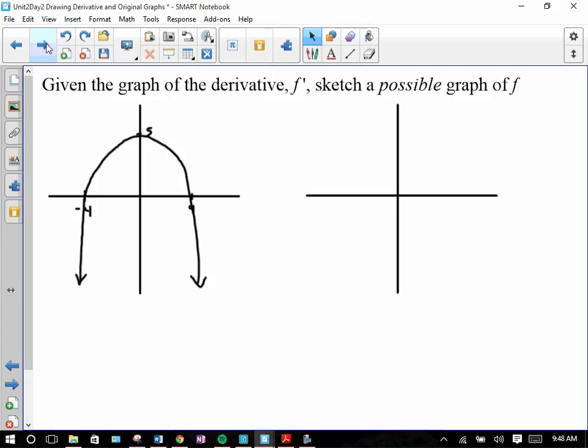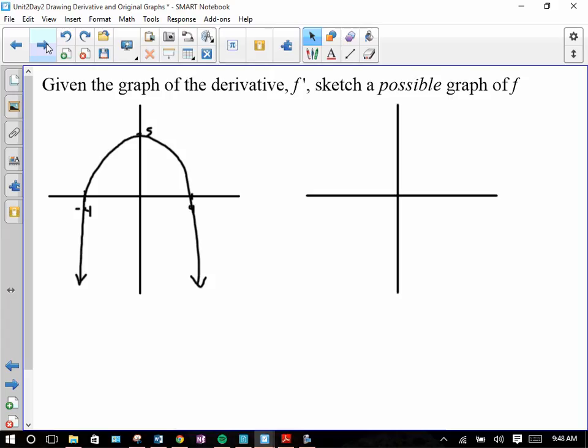What would be the first thing we want to look at in this? Let's think about this. This is the graph of the first derivative. You want to start looking at where the first derivative is negative, where it is positive, and where it is equal to 0.